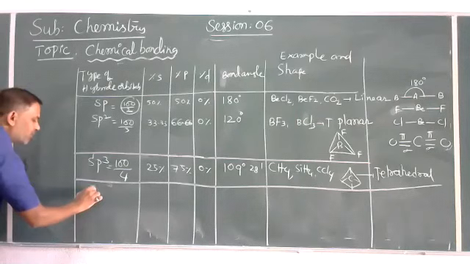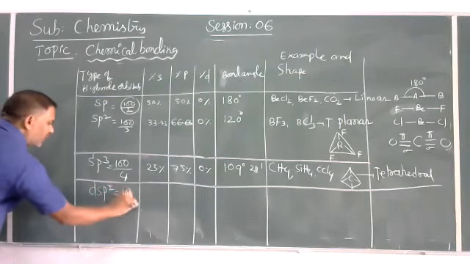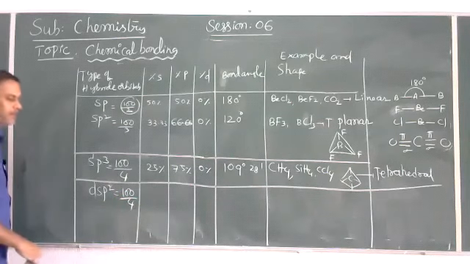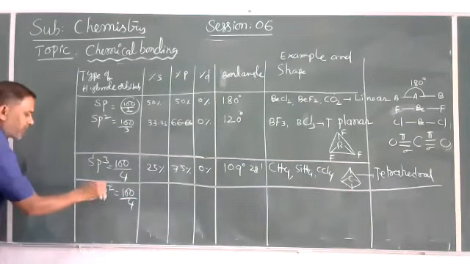Under this, one more important case is dsp2. It is also 100 by 4. It has D1, S1 and P2.